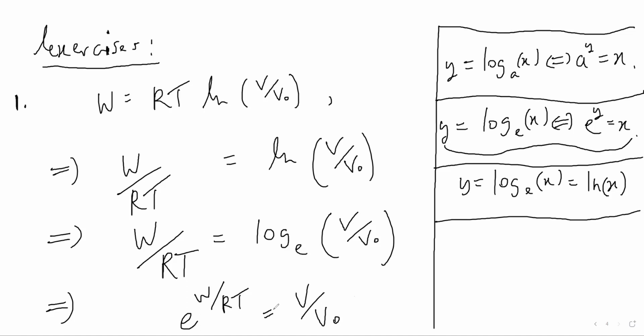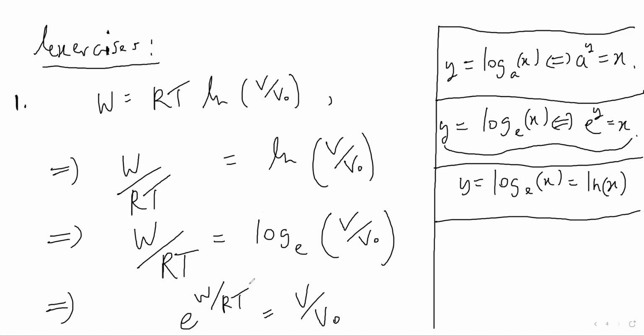Applying this definition, w over rt acts in place of y, and v over v0 acts in place of x. So therefore, we have e to the power w over rt is equal to v over v0.